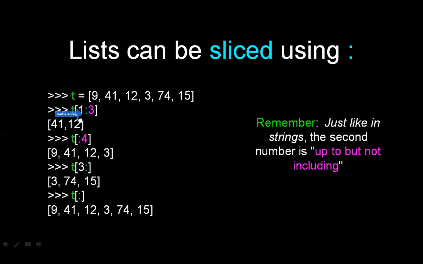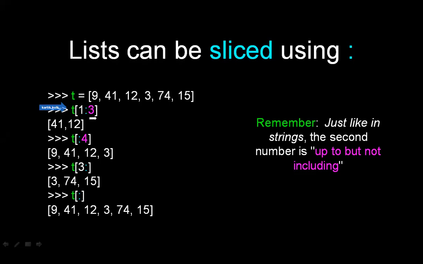Here the start index number I will specify, and the end index number, and in between the starting index number and the end index number I will use a colon. Now suppose I give this statement as T[1:3].